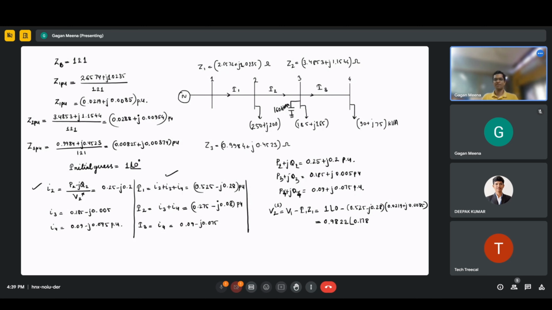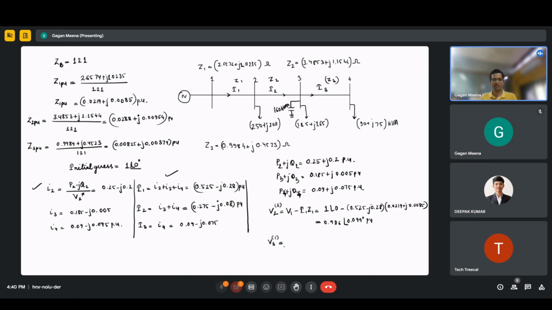Calculate this. So V2 comes out to 0.986 angle 0.097.